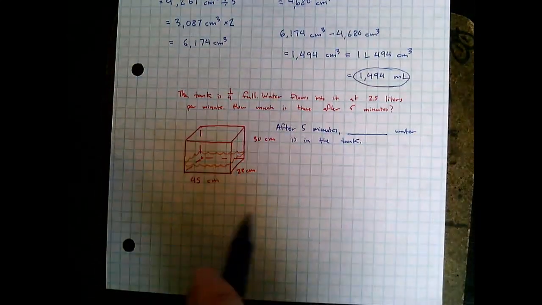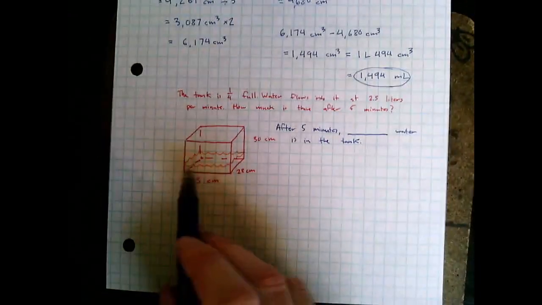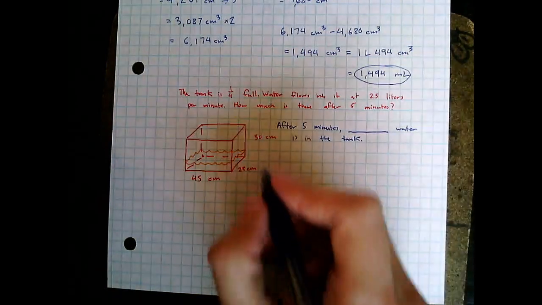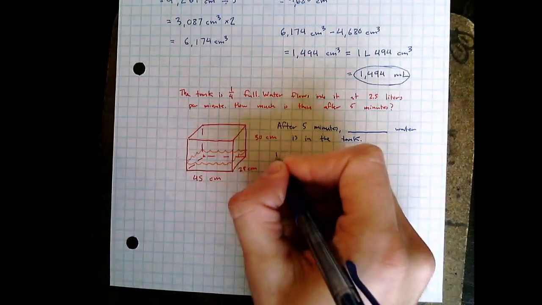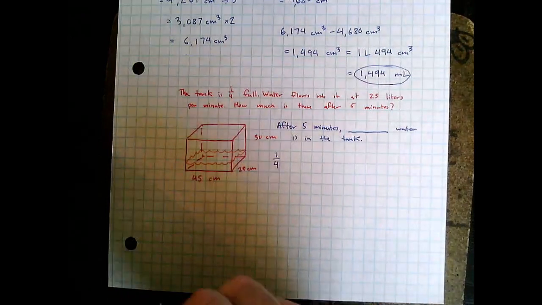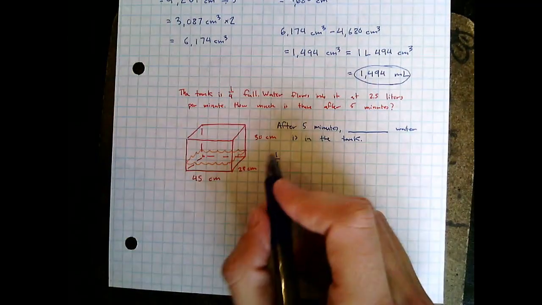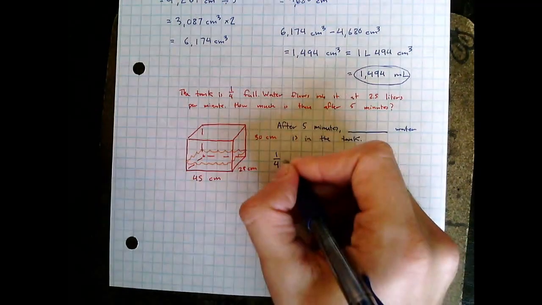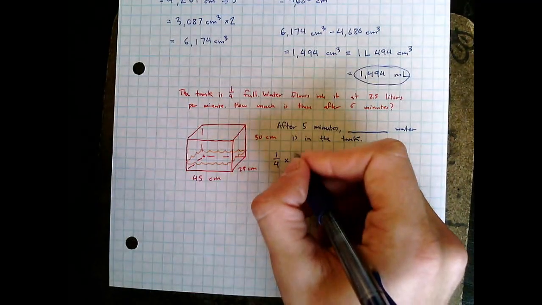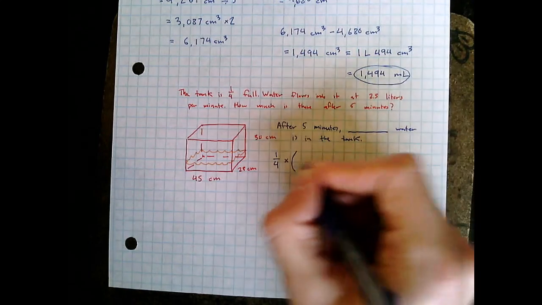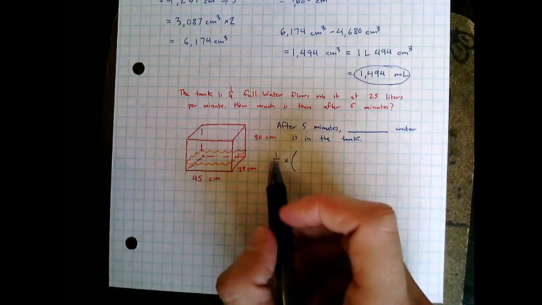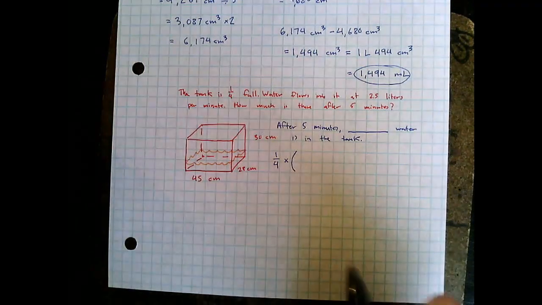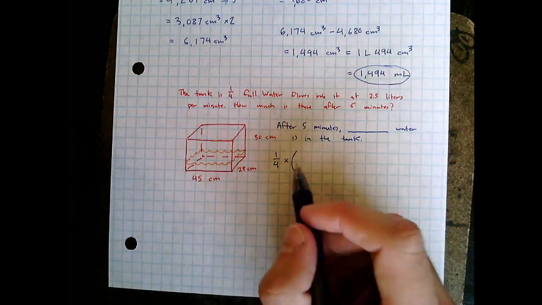Okay, similar to the 2/3 thing here, only 1/4 of this tank is full. So I want to know what 1/4 of the tank is. So I'm just going to include 1/4 in my equation. In parentheses, I'll put the dimensions of the tank. And then whatever those dimensions are, I'm going to cut it up into quarters. And that's what I want to know. So this is the same as divided by 4, remember.